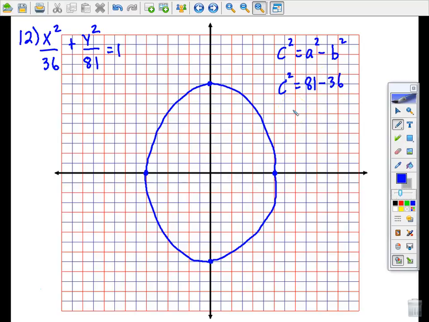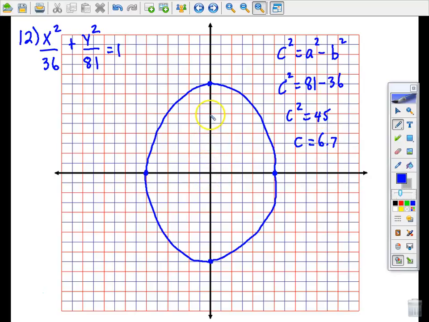Okay, so c squared is 81 minus 36, and that is 45. So we need to find the square root of 45, and we'll round it to the nearest tenth, and that is 6.7. C is 6.7, so it's 6.7 units to a focal point, and there are 2 focal points.